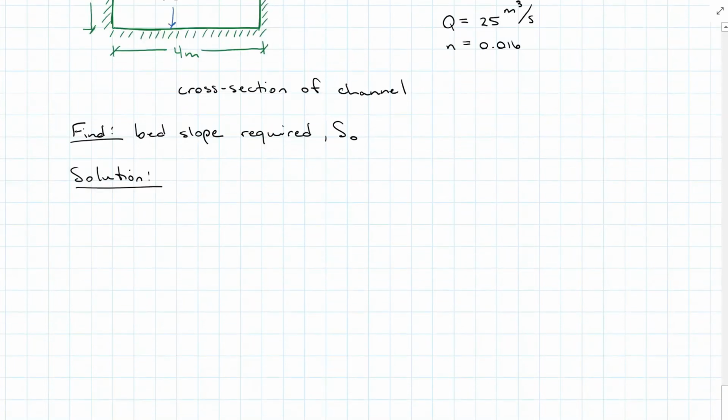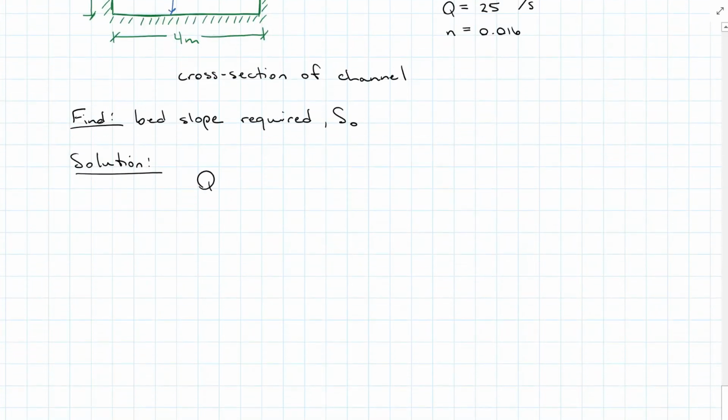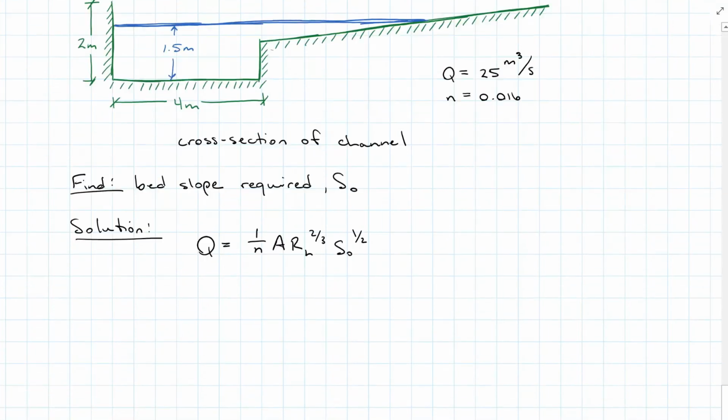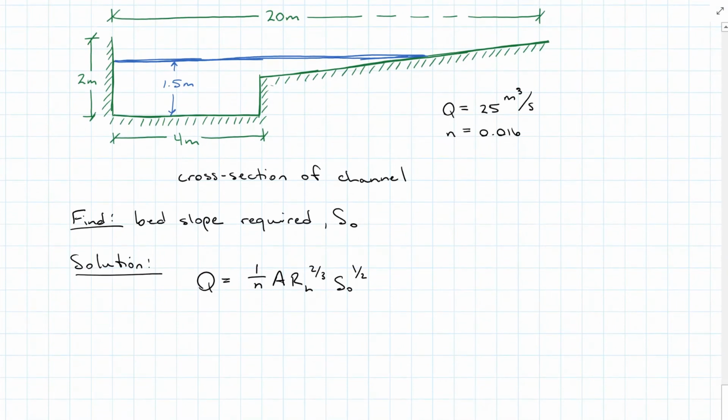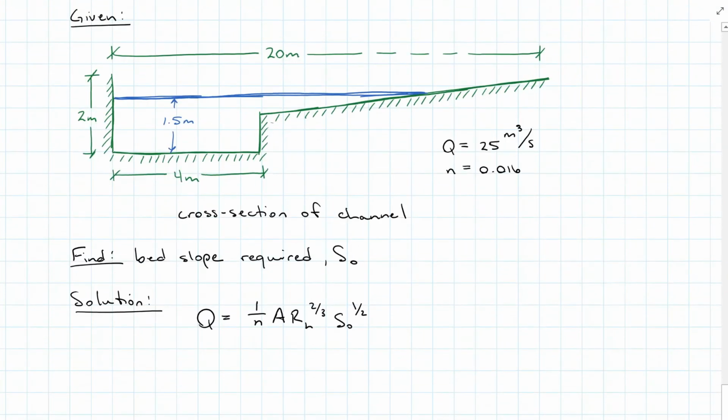All right, we're in metric, so our Q is going to be 1 divided by n times area times the hydraulic radius to the 2/3, and the bed slope to the 1/2. To find the area, I need to know this width here.